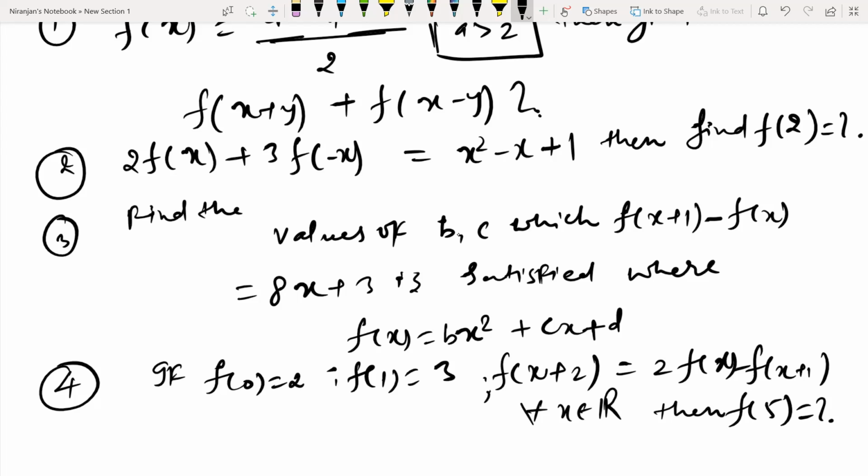So for the fourth one, f of 0 is equal to 2, f of 1 is equal to 3, such that f of x plus 2 is equal to 2x minus f of x plus 1.